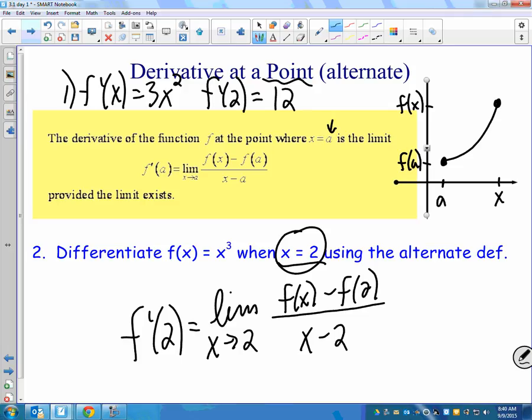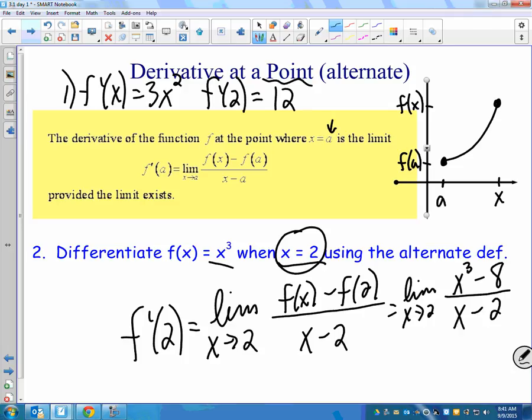And this is a lot less algebra than the last one. Because what is f of x? F of x is x cubed, right? So we can say x cubed minus, what do I get when I plug 2 in there? 8, all over x minus 2.